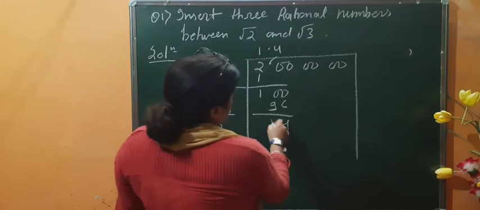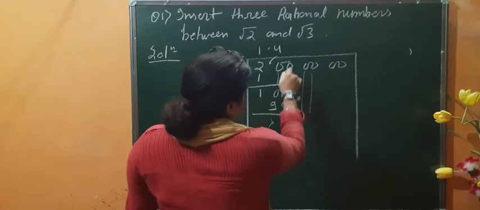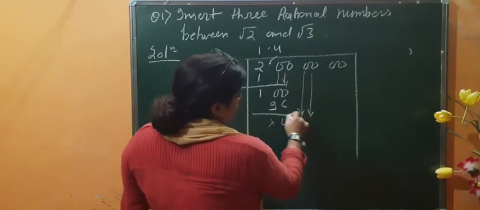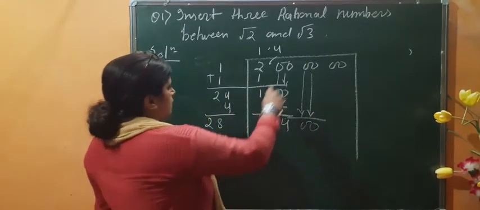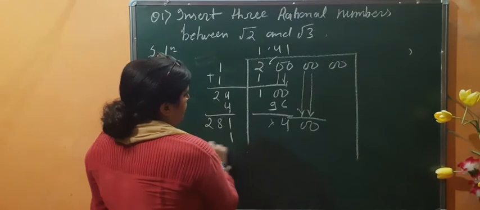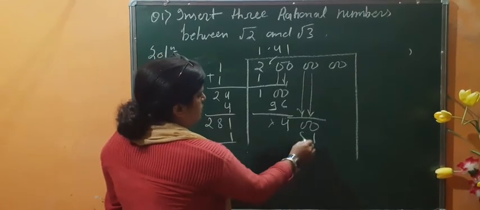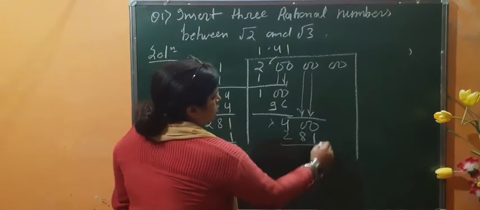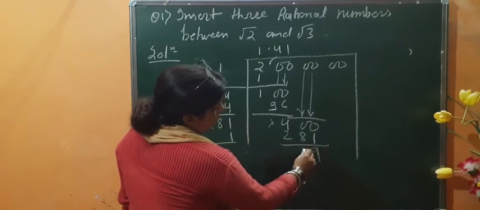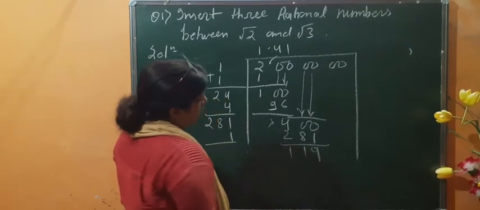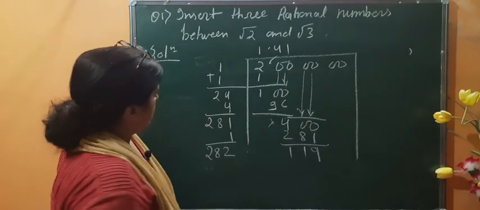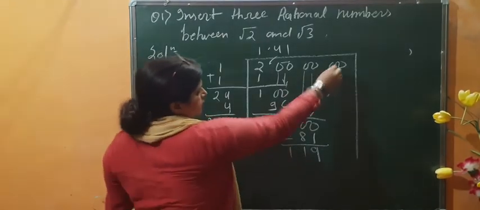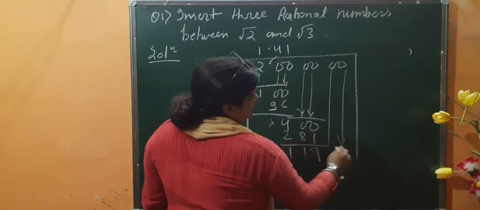So it is 4. Again these two zeros will come here. Earlier two zeros came, now it is 400. Now what? 1 time. So 1 times 1 is 1, 1 eight is 8, 1 two is 2. So it is 9 and 1 and 1. And here it is 282. After that, we will bring these two zeros here.